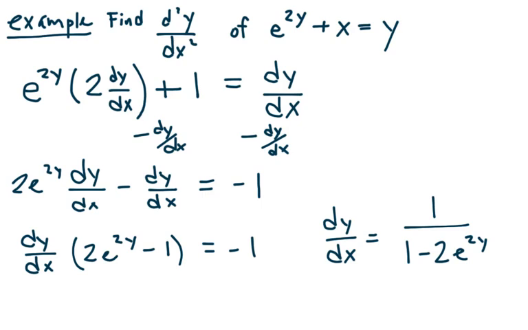Where I did a little simplification in my final answer here, it would have originally been minus 1 over 2e to the 2y minus 1, and I just factored out a negative 1 to cancel with the numerator. Alright, so that's dy dx. Now, to find the second derivative, we take the derivative with respect to x of this dy dx that we just found.